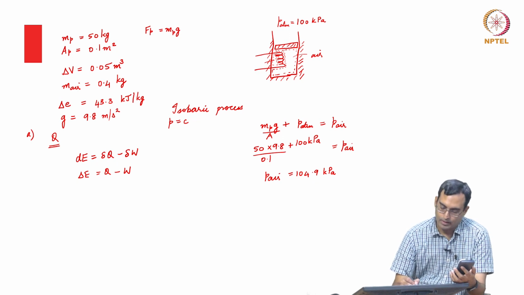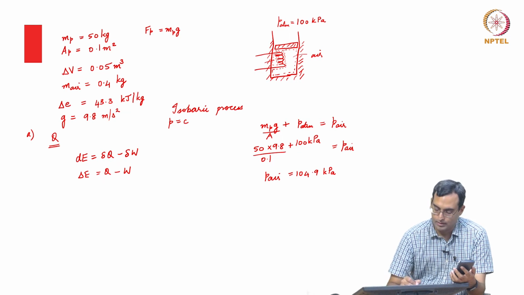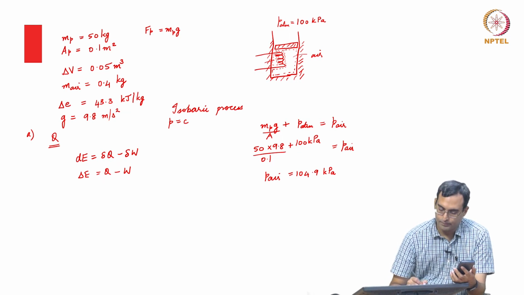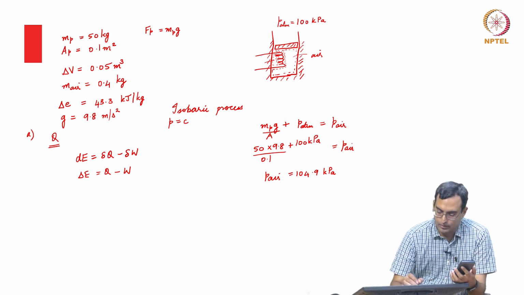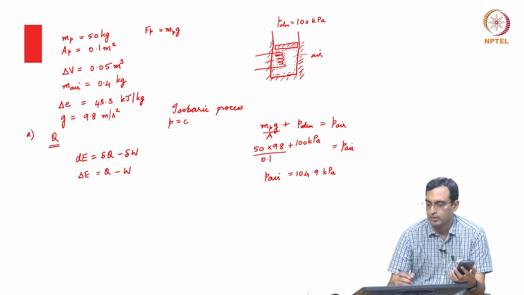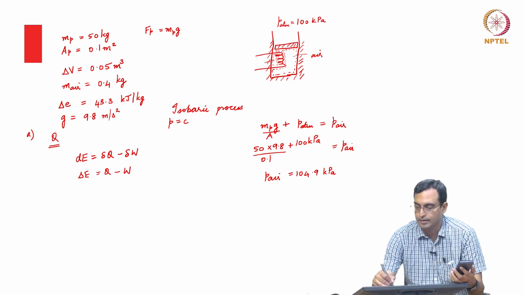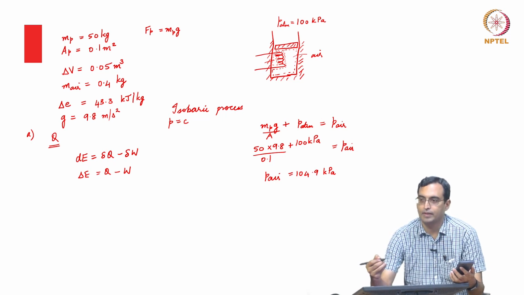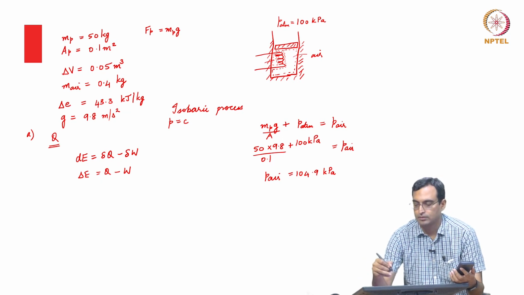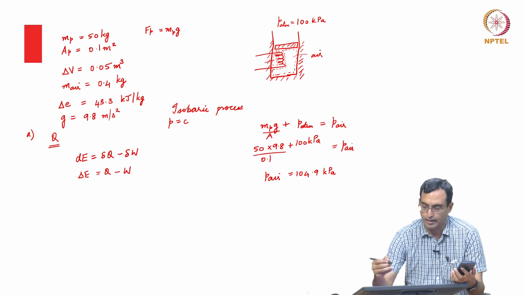I have some way of finding W because I know the process, I know the pressure. So what I am going to do is find out W. Over here, delta E is given already. What we will also see is that it is air. When you change the volume of the air, the potential energy of the air does not change significantly. The kinetic energy does not change at all because the air is at rest.